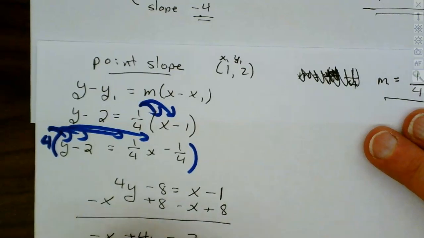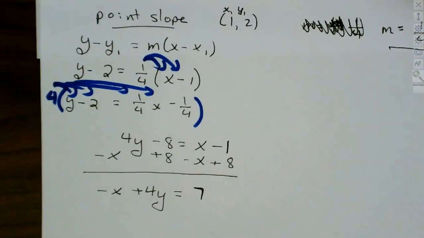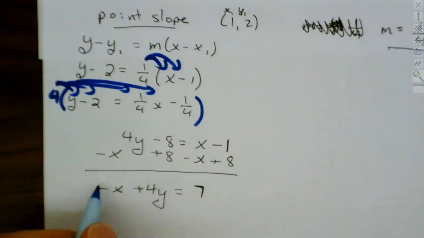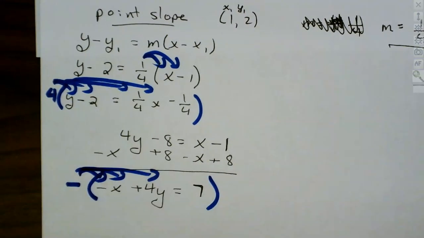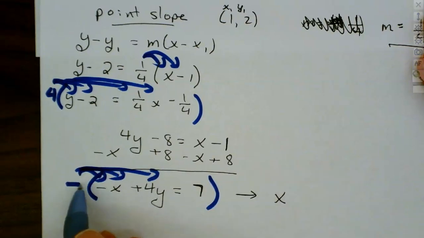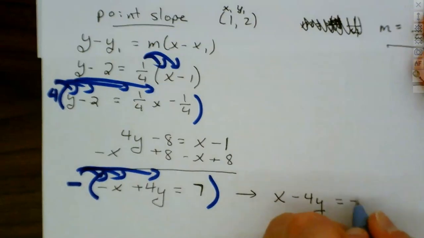That makes it a 7. Is this in standard form, though? Nope. Why not? Because of the negative. So let's fix that. And what does that give you now? Negative and negative makes it a positive x. Negative and positive makes it a minus 4y, which is fine. And that equals a negative 7.